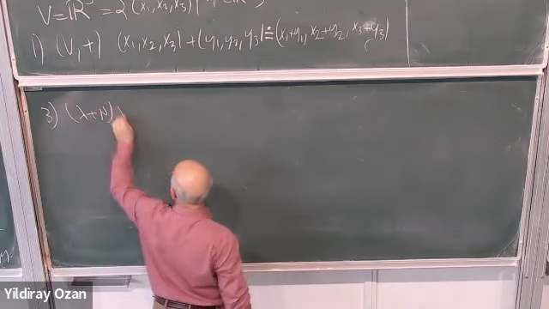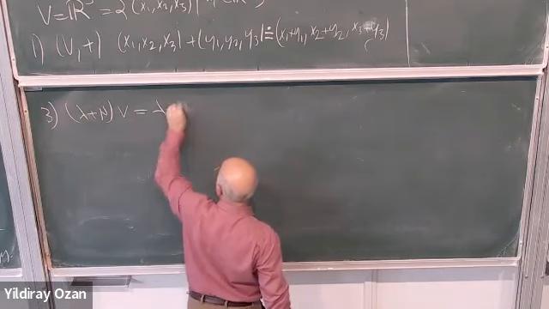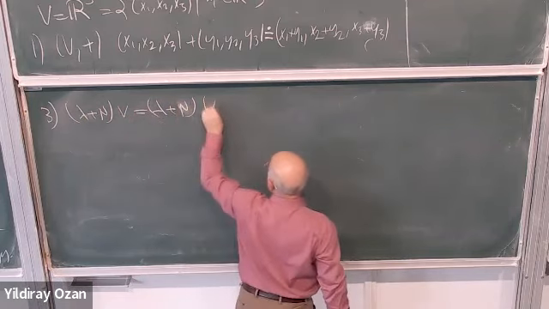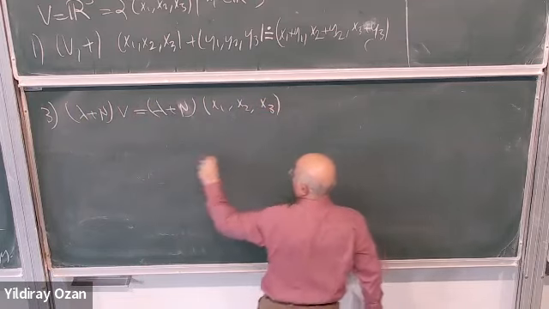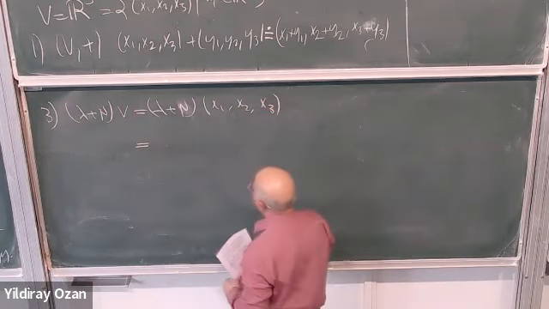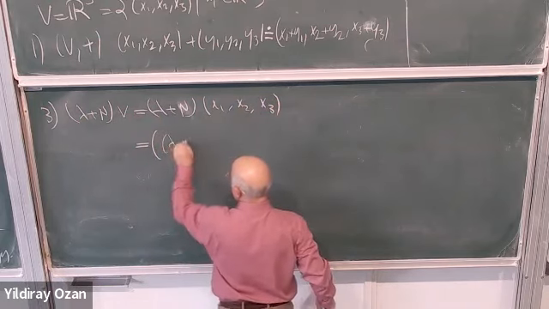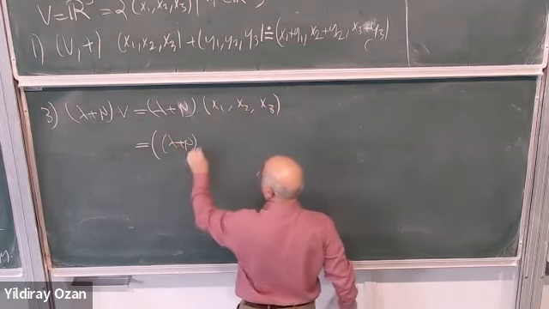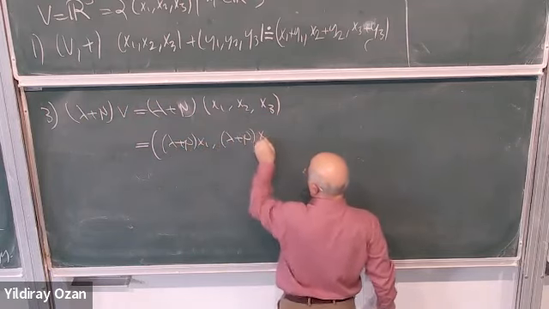Lambda plus mu times v, with v equal to x1, x2, x3. Now what is this? Well, by definition, you take this scalar and multiply by each entry.